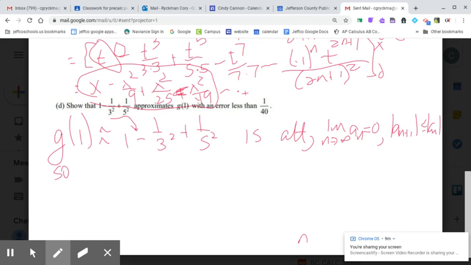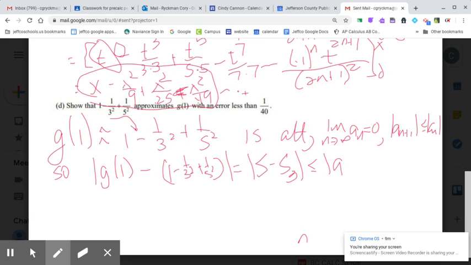So it must be the case that the difference between the true G of 1 and that 3-term estimate is less than or equal to A4. A4 is the next term, which is 1/49th. If the error is definitely less than 1/49th, then it's also definitely less than 1/40th. And that's how it goes.